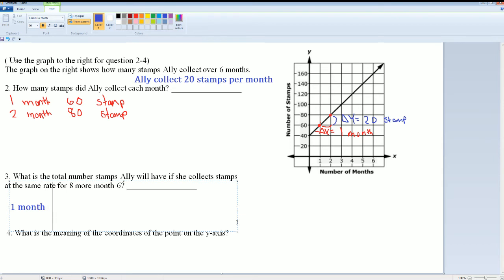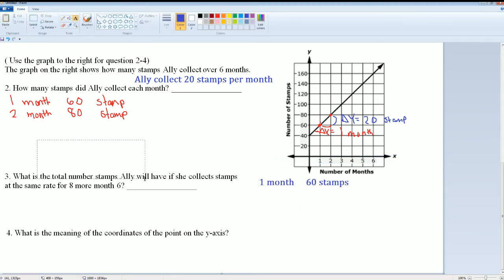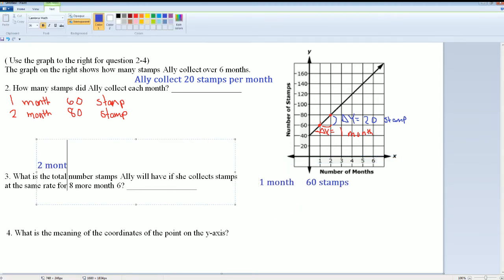She had 60 stamps. The next one was the second month. We went up by 20, so she went to 80 stamps.